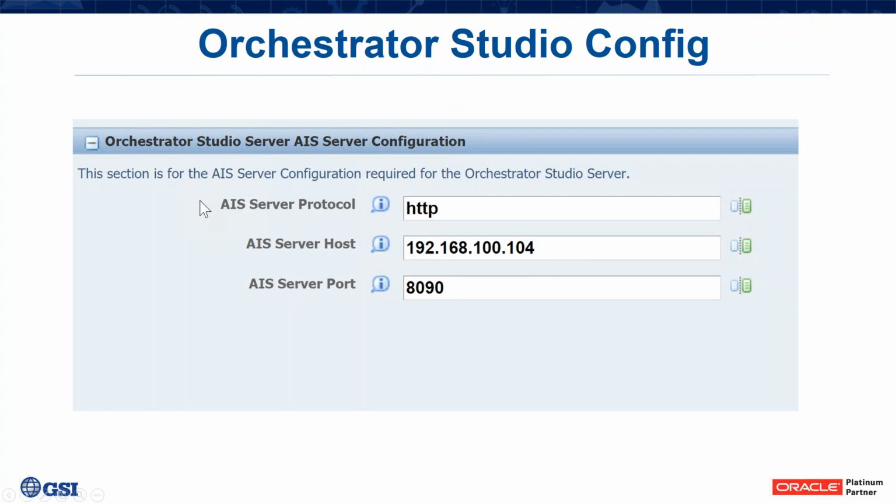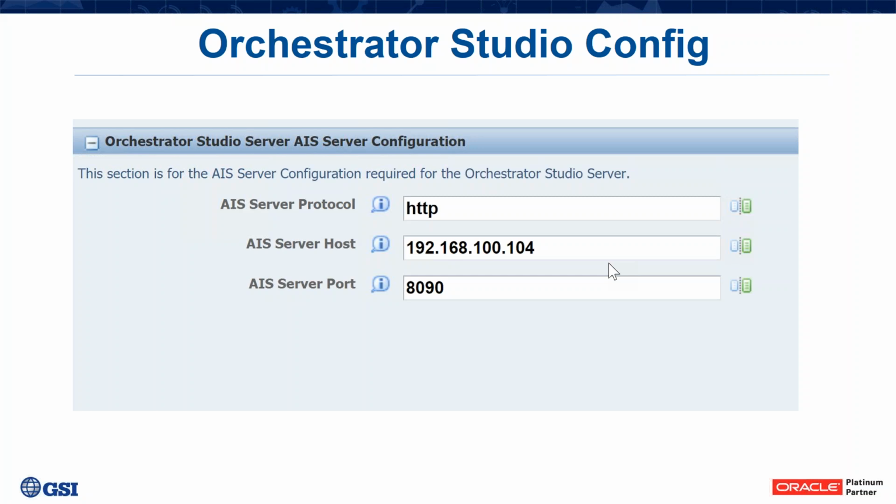So it tells the Studio which machine to look at. Now these can be virtual IPs. In this instance, I just did a single server implementation. I did not design a highly available architecture or a scaled architecture for the demo here. So this can be a VIP.